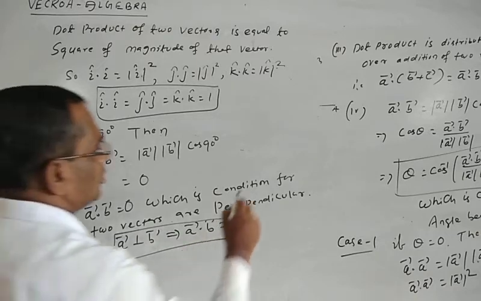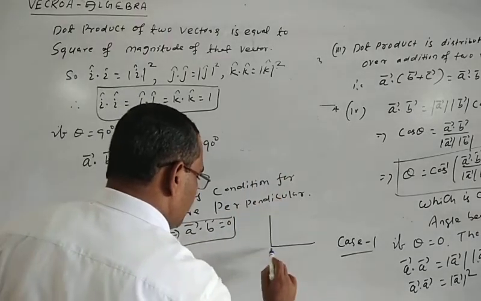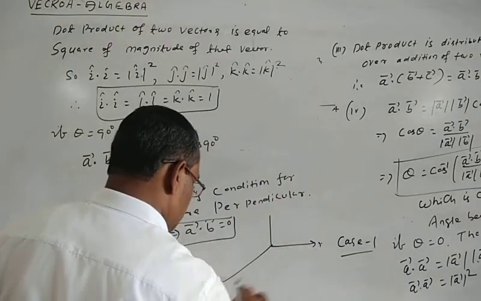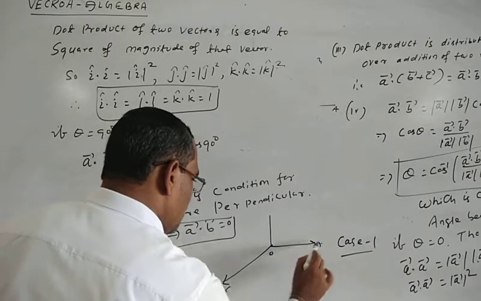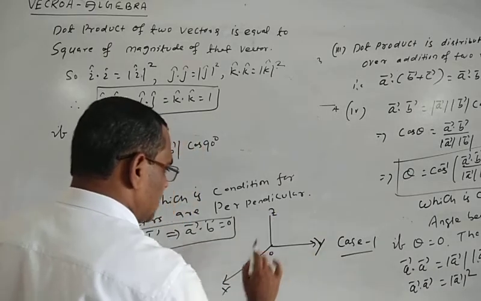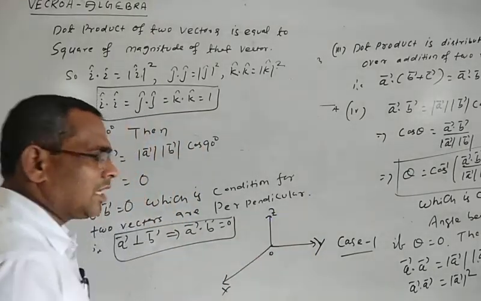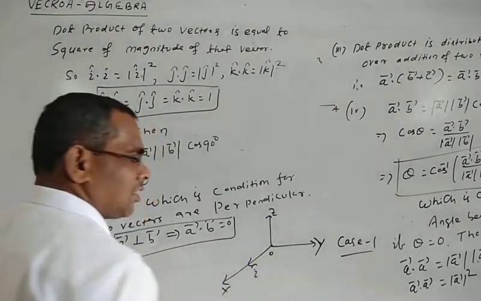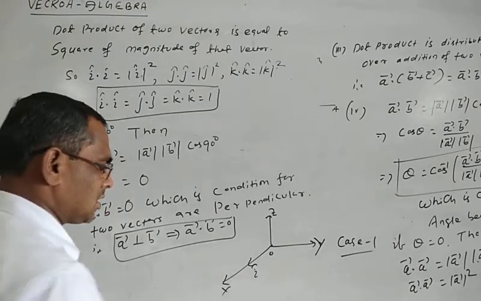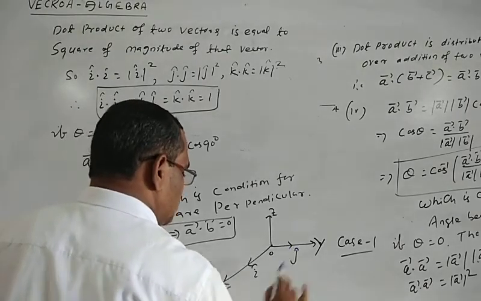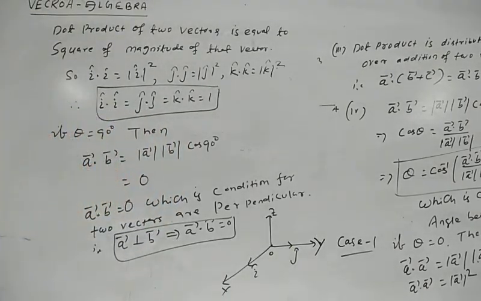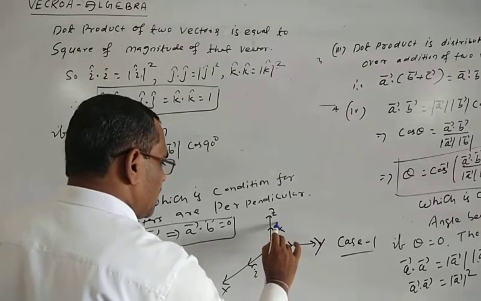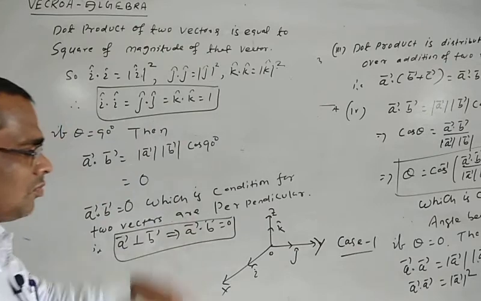You know, this is the coordinate axis, this is x axis, this is the y axis, and this is the z axis. So I cap, j cap, k cap. I cap is a unit vector which represents direction of x axis, and j cap is a unit vector which represents the direction of y axis, and k cap is a unit vector which represents direction of z axis.